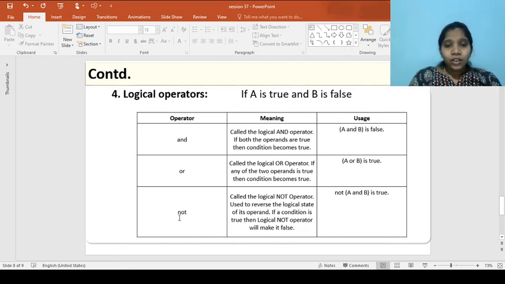The logical NOT gives the reverse of the logical state of an operand. That means if the operand state is true, then logical NOT gives false. If the logical state of the operand is false, then a NOT operator gives the true value.